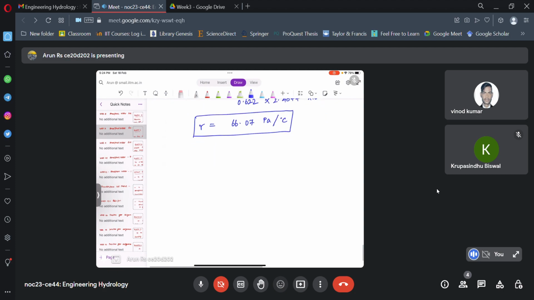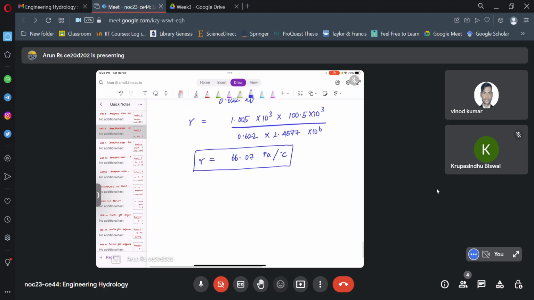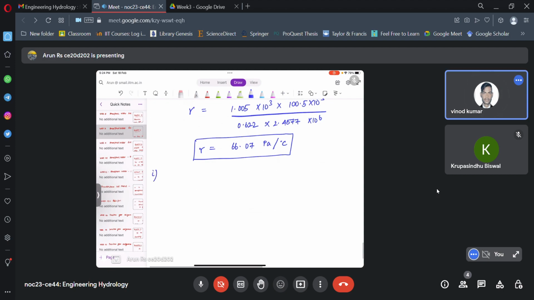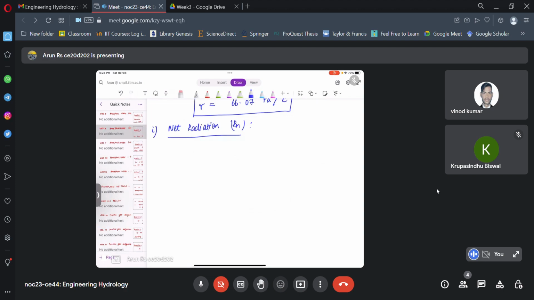So next is your net radiation. While solving the first question I told how to compute the net radiation.